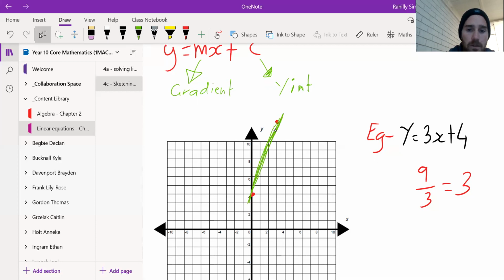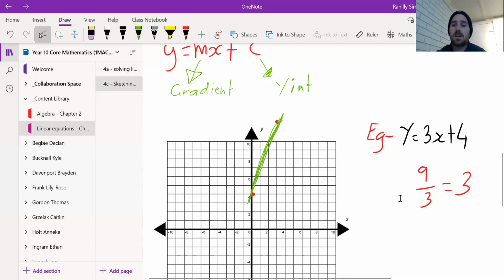Okay, so you're going to have to bear with me for now until I work out how to do the ruler and stuff. But basically, your gradient is your rise over your run. This part here is your y-intercept. That is all you would have to do. And then you just write next to your line, y equals 3x plus 4. Perfect.